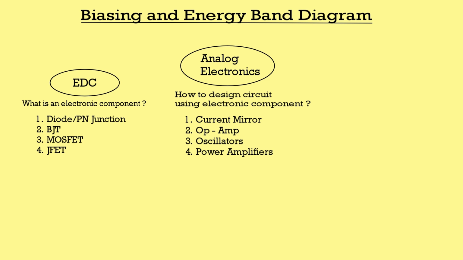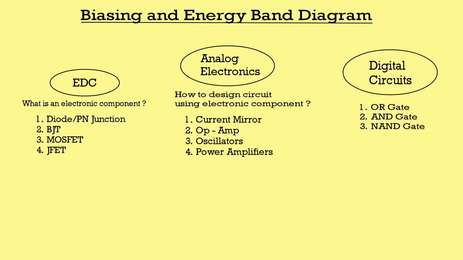You may not know much about power amplifier, oscillator, current mirrors, but you must have already studied about basic logic gates like OR gate, AND gate and NAND gate. So, do these grow on trees? Again no. These are also constructed with the help of diodes, BJT and MOSFETs. So you see that the subjects are quite interlinked.